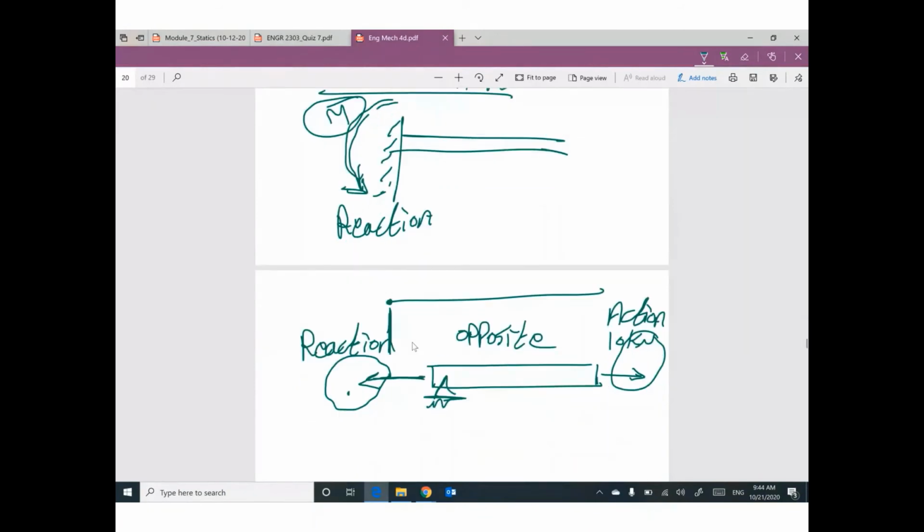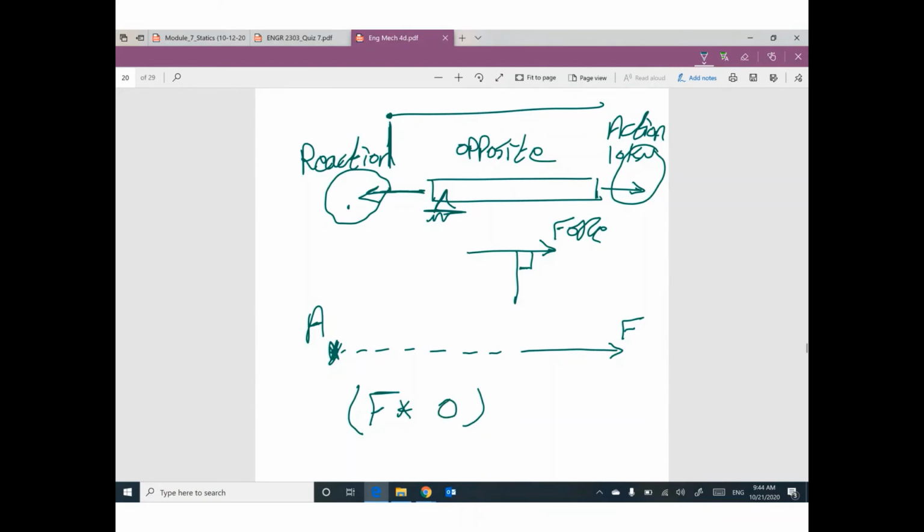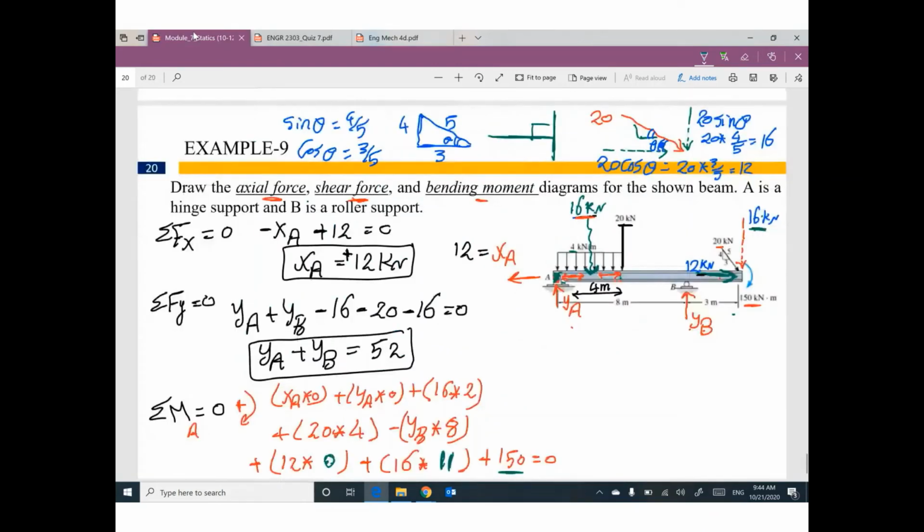You have a force here, and you have a point A here. The force and the distance must be perpendicular. So about point A, we don't have the vertical distance. Anyway, this term will be cancelled.